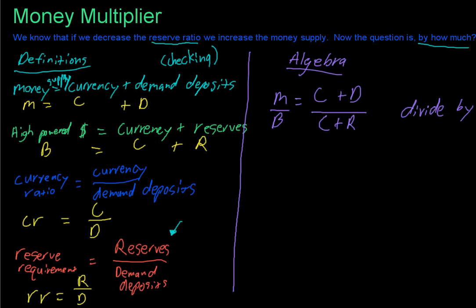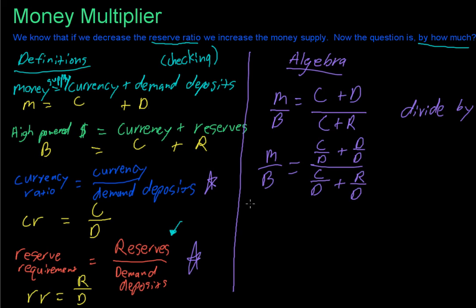Because we're dividing the top and the bottom by D, we're not changing the value of this fraction. So we're going to have M over B is equal to C over D plus D over D, divided by C over D plus R over D. So now we have a little substitution to do from these two ratios over here.